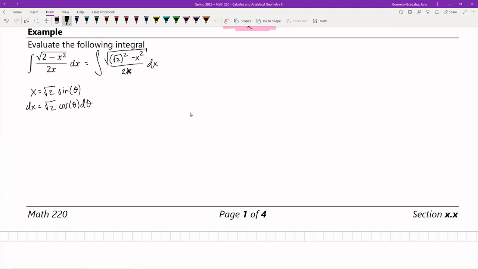Okay, so now with this alone, we can go ahead and start doing our substitution here. We're just going to start plugging stuff in.